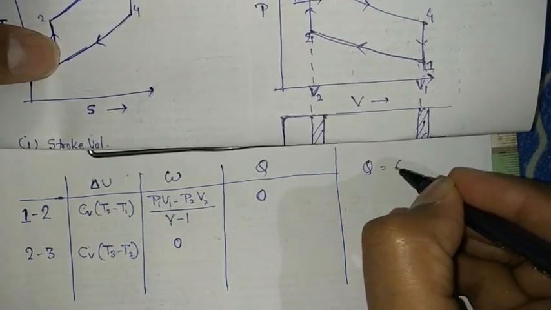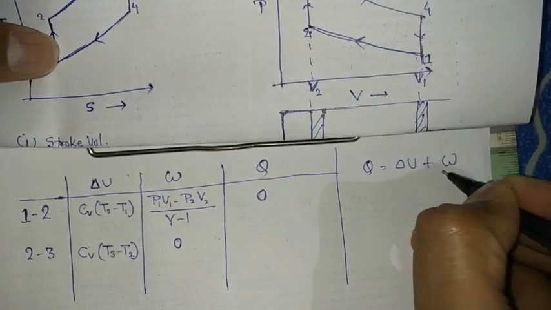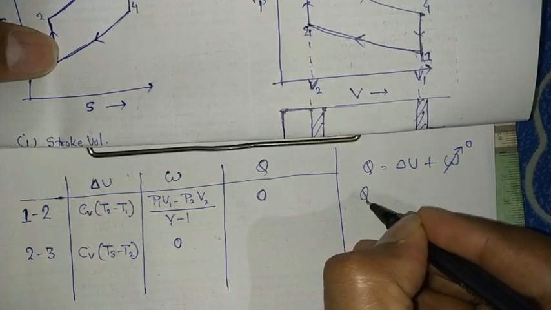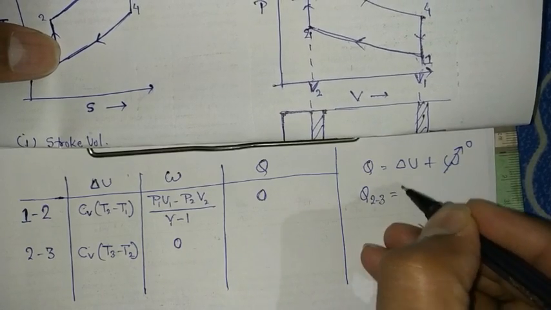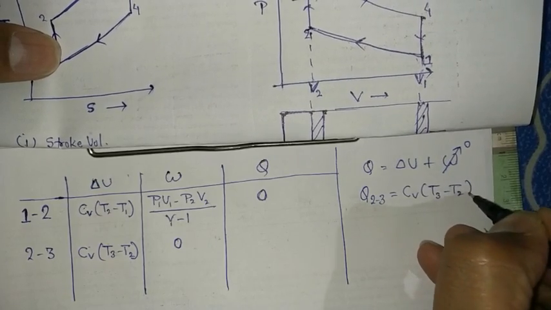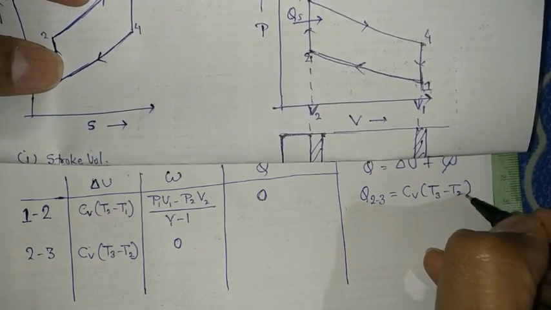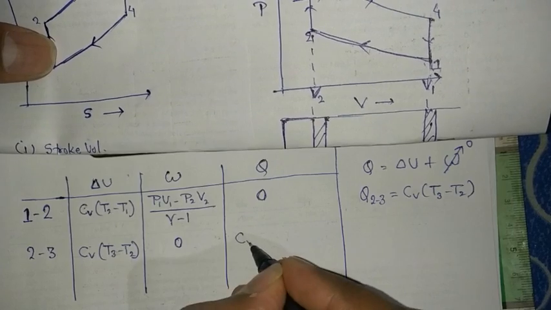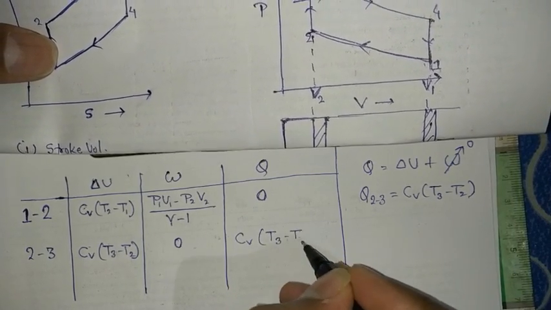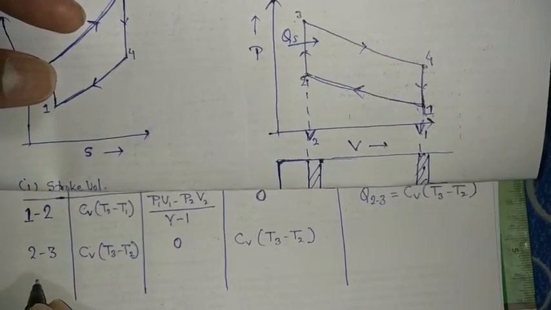Q is equal to del U plus W. W is 0. Heat is being supplied, so Q 2 to 3 is positive. Du is equal to Cv (T3 minus T2). So you can write Cv (T3 minus T2).